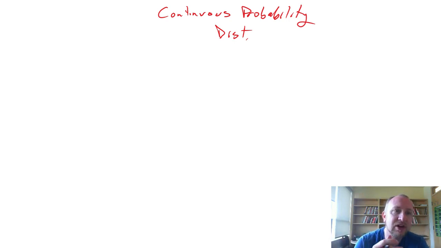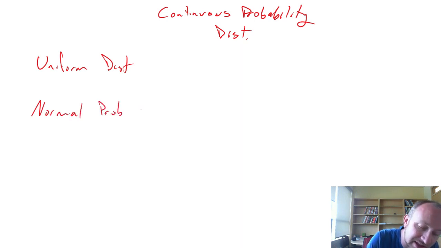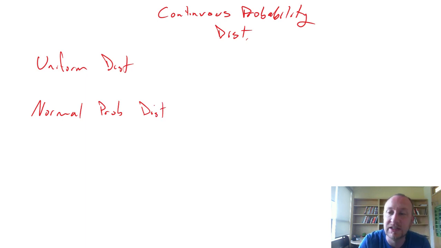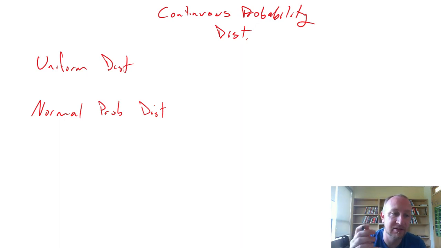So here we're going to look at really 4 different types of probability distributions. One will be the uniform distribution. Another will be the normal distribution, probably the most commonly used, and I would guess the most understood of the continuous probability distributions.